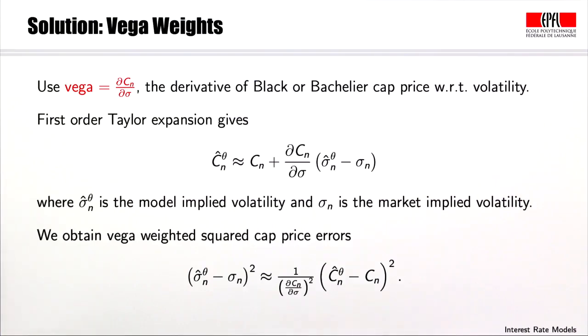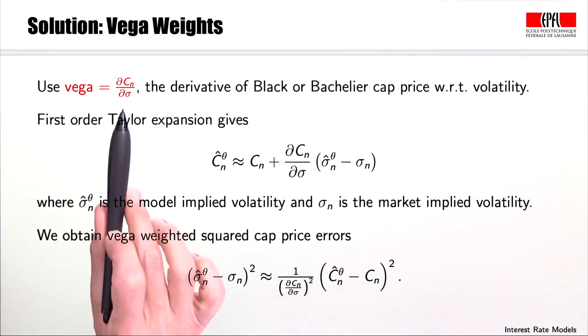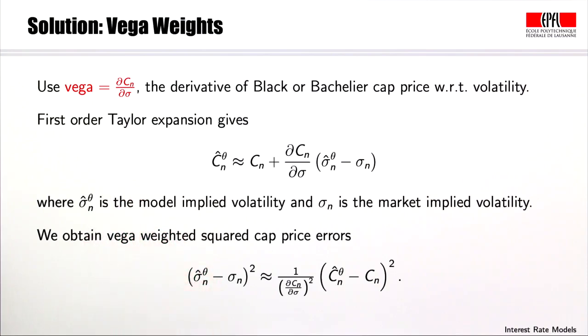We make use of the vega, the derivative of the Black or Bachelier cap price with respect to the volatility. A first-order Taylor expansion of the Black price function Cn then gives us this relation, where sigma hat theta n denotes the model implied volatility and sigma n is the market implied volatility.